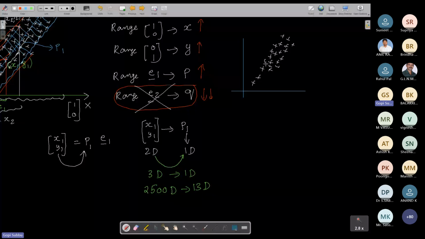We can think of the data as aligned in some direction. You are able to see that the data are aligned in some direction, right?